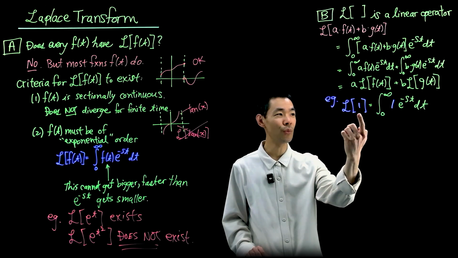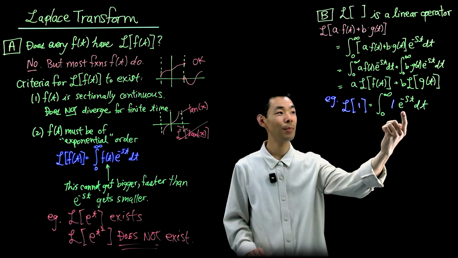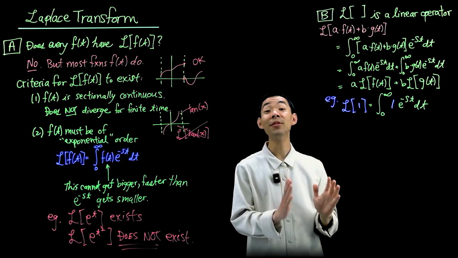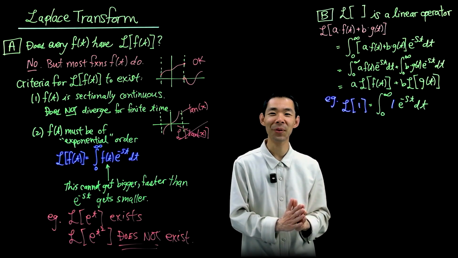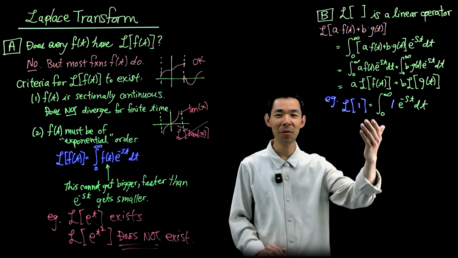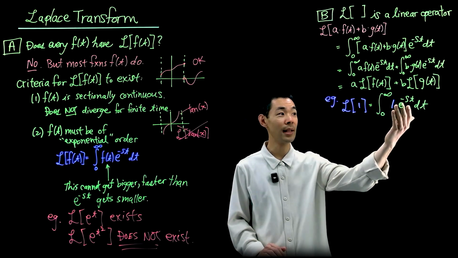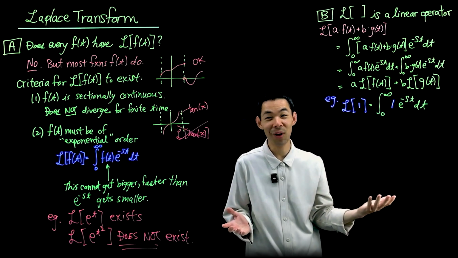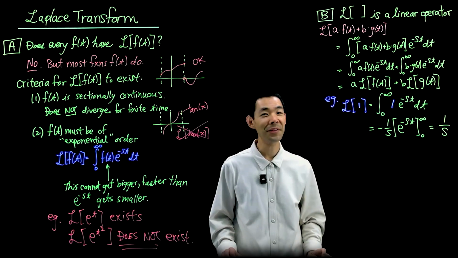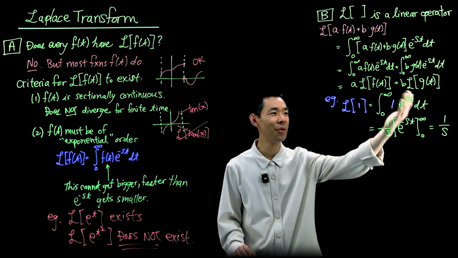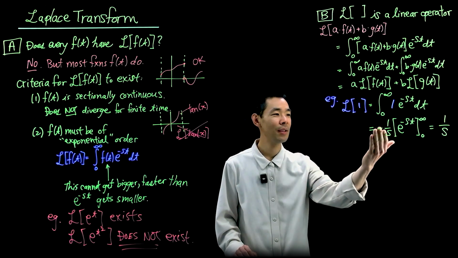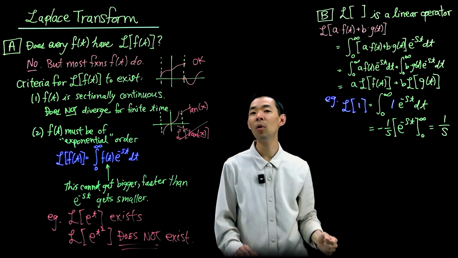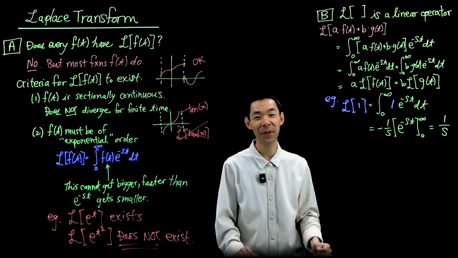So I've taken the function 1, put it inside the integrand, multiplied with e to the negative st, integrated from 0 to infinity. This is just the standard definition of a Laplace transform. Now, this integral is very straightforward because s is a constant with respect to this integral, so we can just evaluate the integral of an exponential. All I did was take the integral of e to the negative st. You get negative 1 over s, e to the negative st, with a lower and upper bound of 0 and infinity.